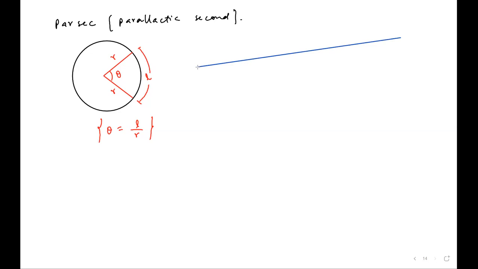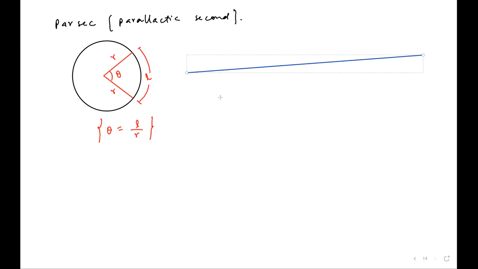Similarly, if the distance between Earth and Sun is taken as length of arc. Let's say this particular point is Sun and this is Earth.